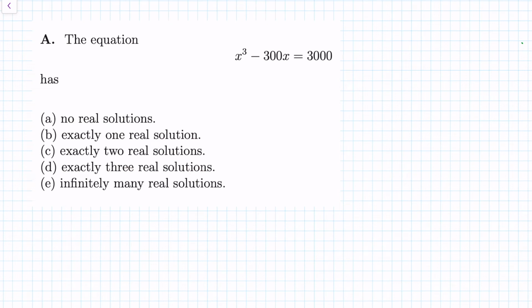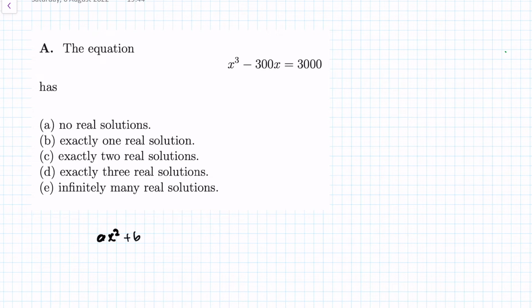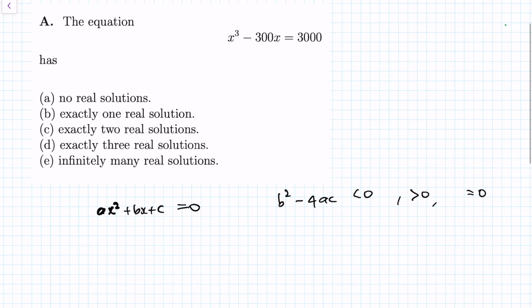Okay, so if this was a quadratic equation in the form of ax squared plus bx plus c equal to 0, you know that we would use the discriminant to see whether it's less than 0, greater than 0, or equal to 0. However, it's a cubic. Now, there is a formula for cubic functions as well, but it's very long, so we don't want to use that formula.